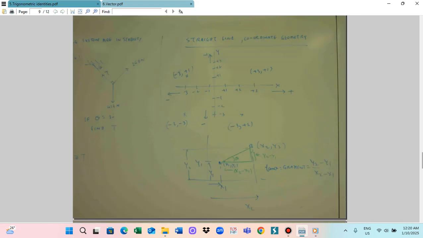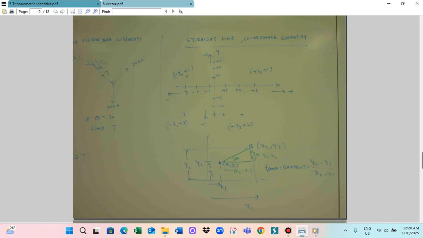Then you can construct this triangle. This distance you can calculate: this is y2 minus y1, and this distance will be x2 minus x1.